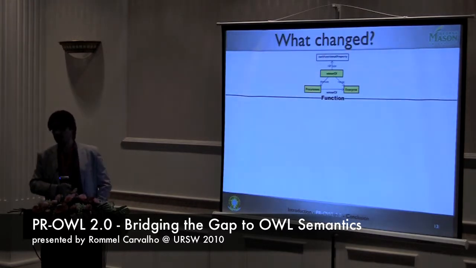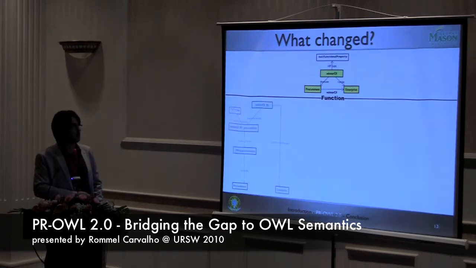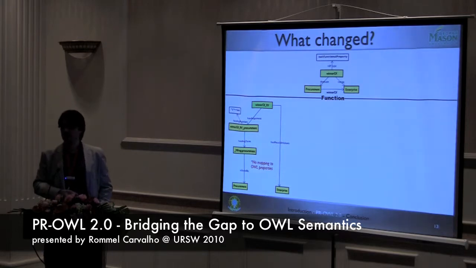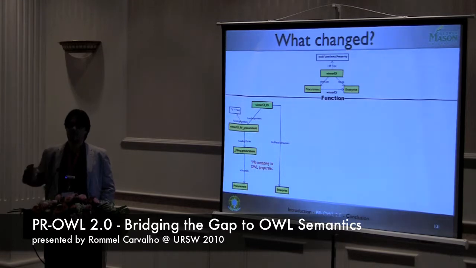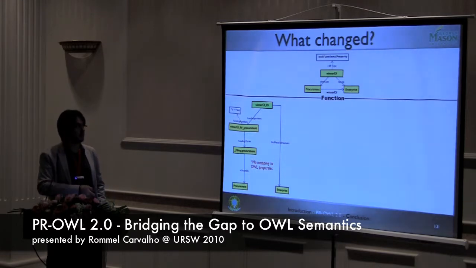So what has changed in what I showed? Well, in PR-OWL 1, there is no mapping to properties. We just have this idea of, you can use classes that you have defined on your ontology. But when you have relations, you want to say that this specific relation now has an uncertainty associated to it. We cannot do that because we don't have anything to map.